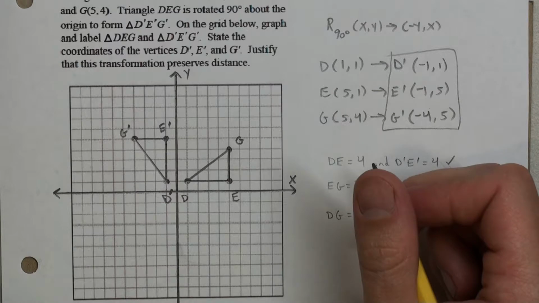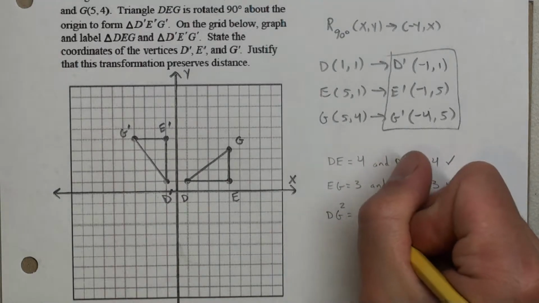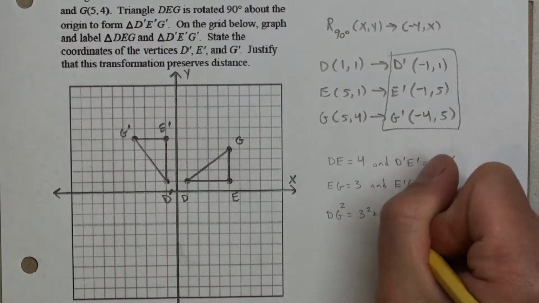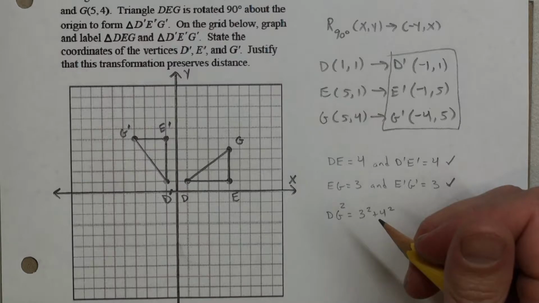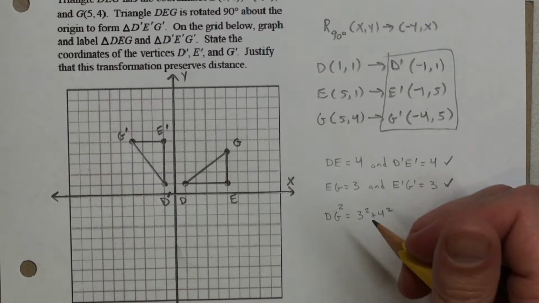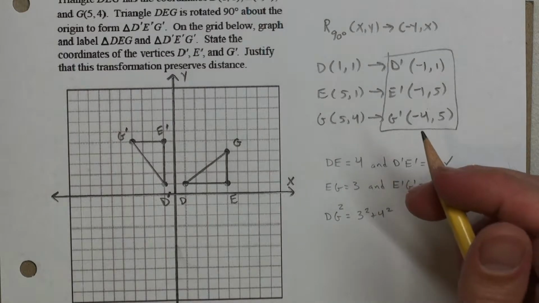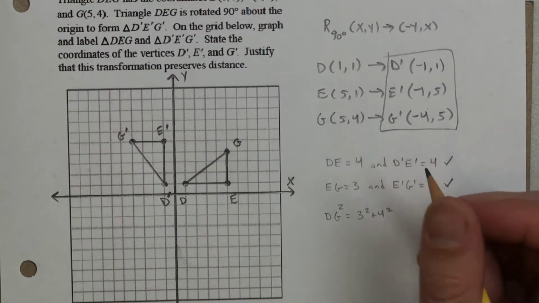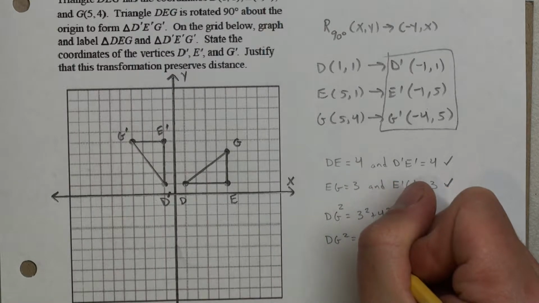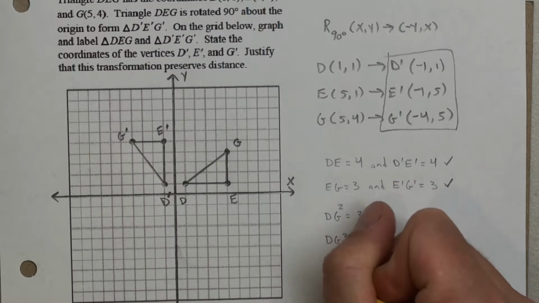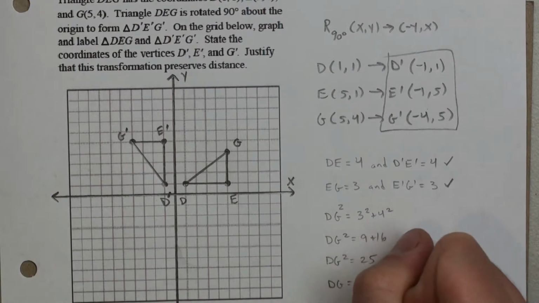DG squared equals 3 squared plus 4 squared, because that's a right triangle. So DG squared equals 9 plus 16. DG squared equals 25. So then DG equals 5.